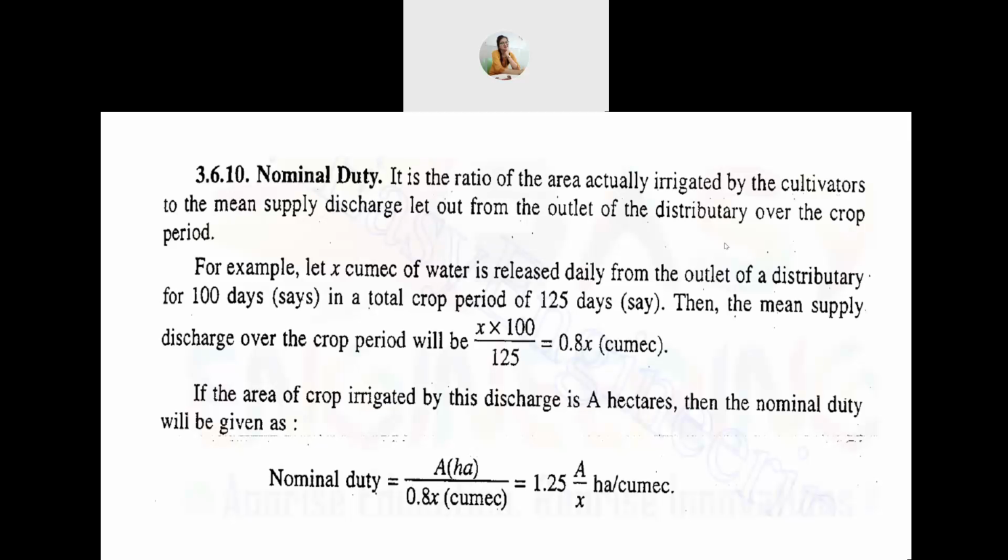Then the mean supply discharge over the crop period will be x into 100 divided by 125, which is equal to 0.8x cumec. So if the area of crop irrigated by this discharge is A hectares, then the nominal duty will be given by A hectares divided by 0.8x cumec, which is equal to 1.25 A by x hectare per cumec.